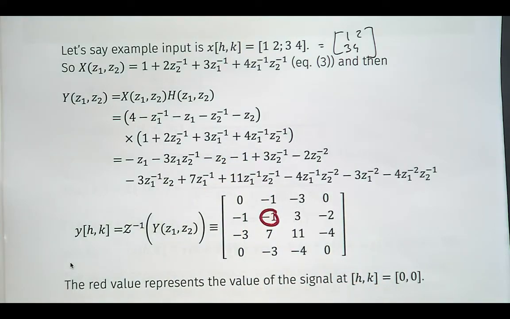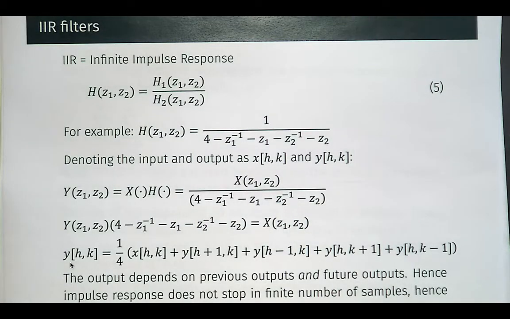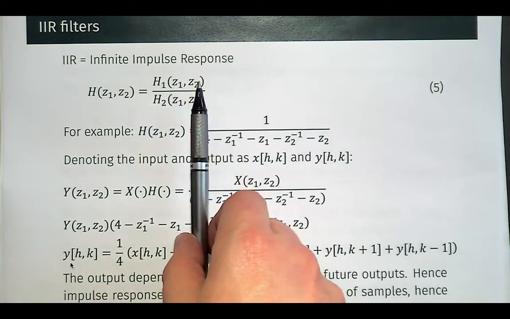All right? The final point is, I will stop here for finite response and so on. So the IIR filters, they're more complex. I don't know how much you remember about the first year, but basically you have a fraction.